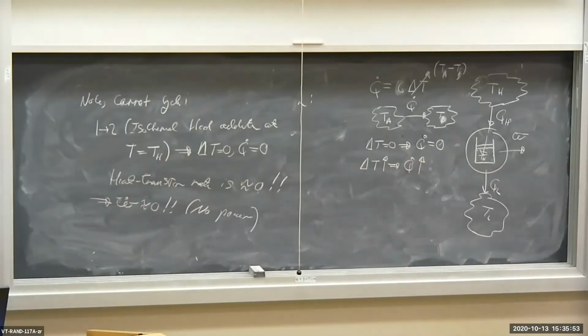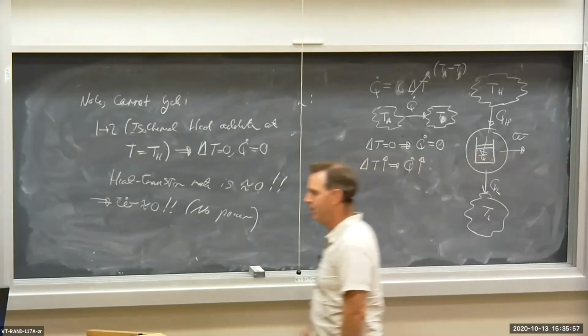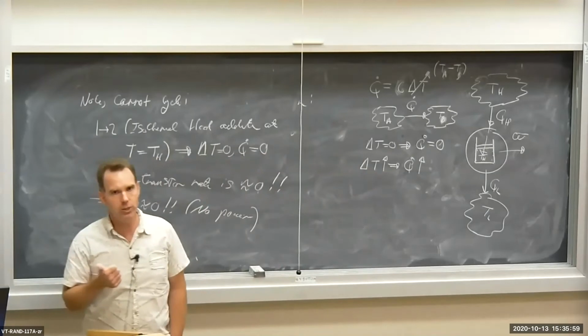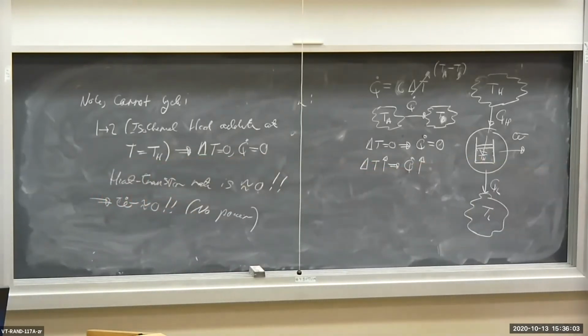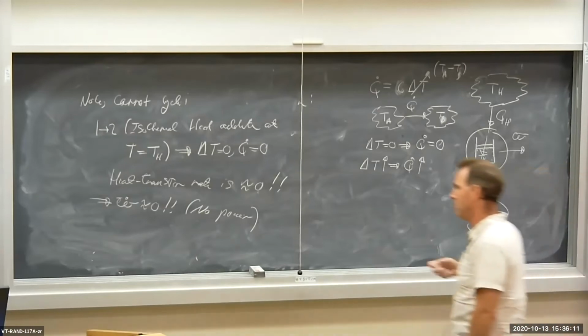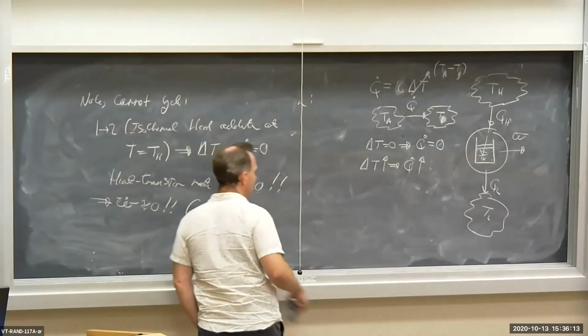So why don't we relax one of our assumptions? Let's not relax the frictionless behavior. Let's not relax the no friction. Let's not relax the unrestrained expansion. But let's relax the third constraint: no heat transfer across a finite temperature difference.